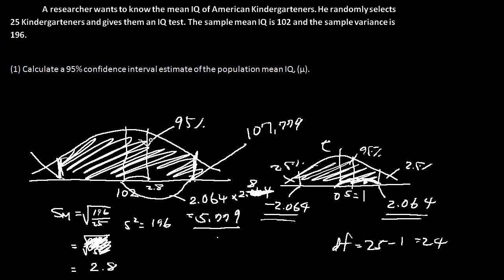I can do a calculation like that, or I can just say the estimated population mean is 102 plus minus 5.779. I can also say that.